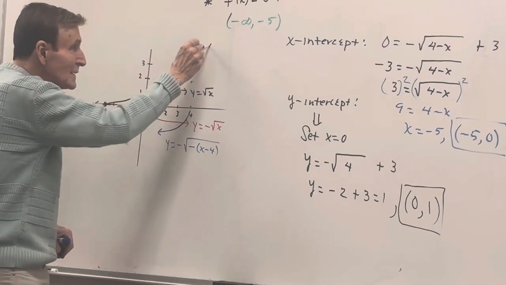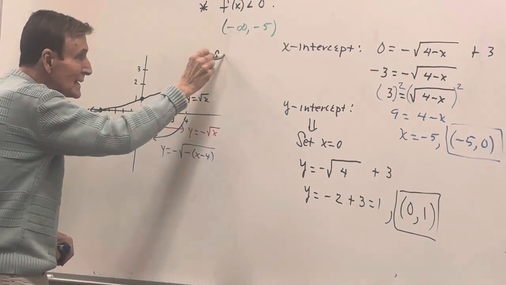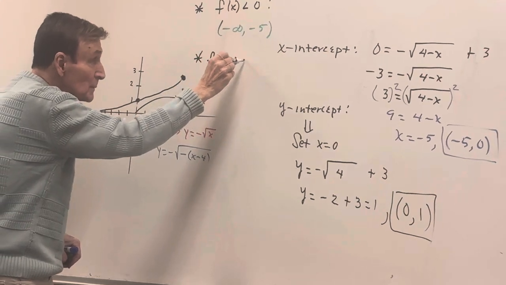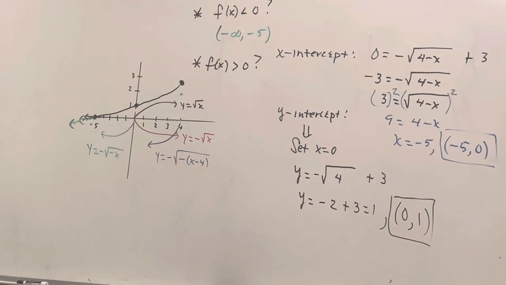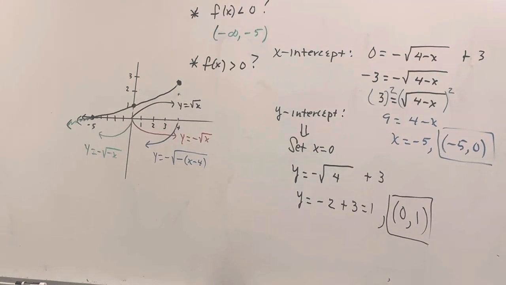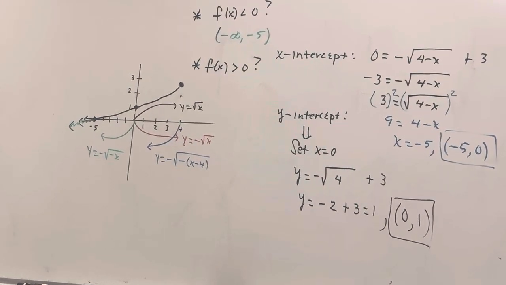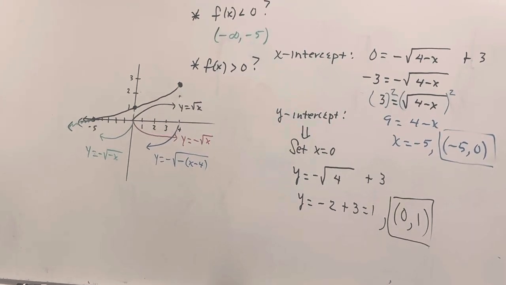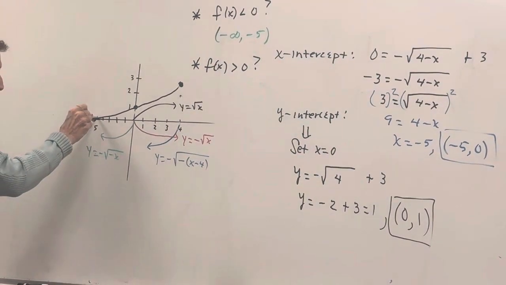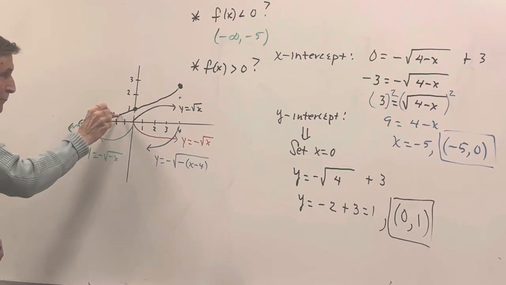Anyone tell me, where am I guaranteed that that function over there is going to be positive? Can I tell that from the graph? Now you're looking for the part that's above the x-axis. And guys, that black graph is above the x-axis. And see if you guys will agree. Is this the piece that's all above the x-axis?